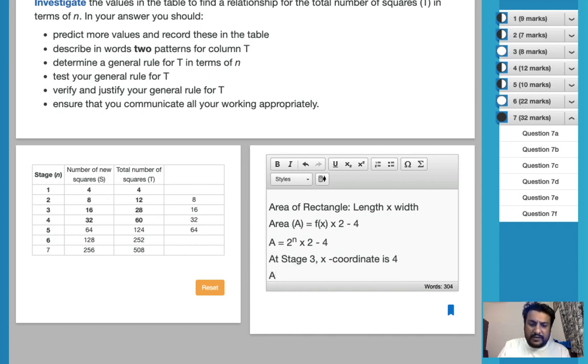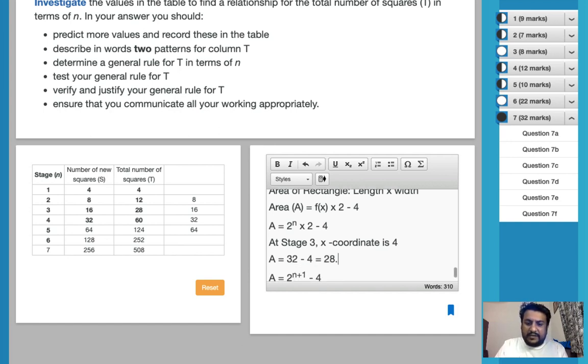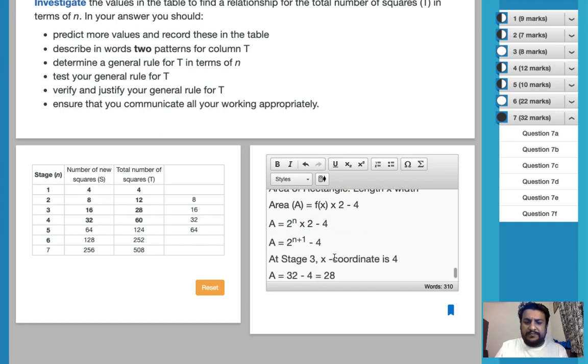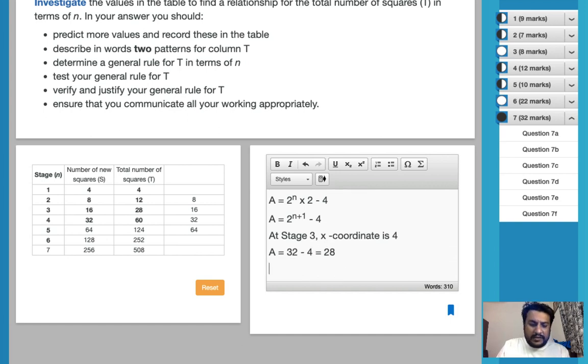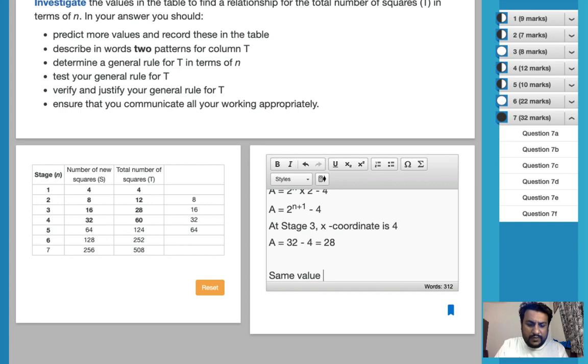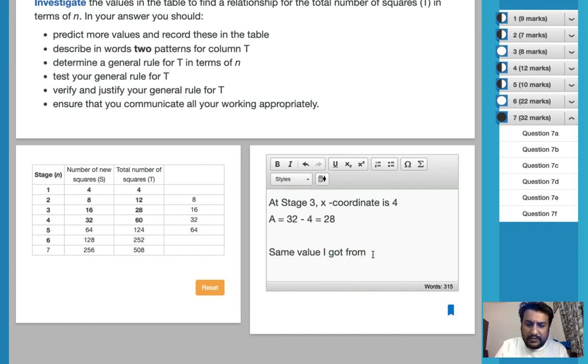So A is equal to 2 to the power 4, which is 16, into 2 is 32, minus 4, which gives you 28. It is the same value I got from my general rule, hence I can say it is justified.